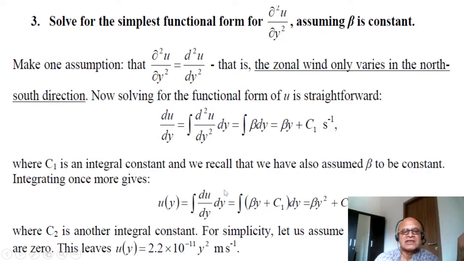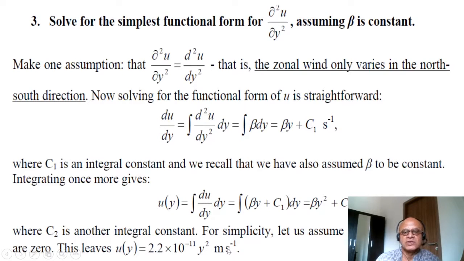Where c1 is an integration constant, and we recall that we have also assumed beta to be constant. Integrating one more time, u as a function of y should be the integral of du/dy. So put that in there, and that gives us beta y squared plus c1 y, where c1 is a constant, plus another constant of integration c2.